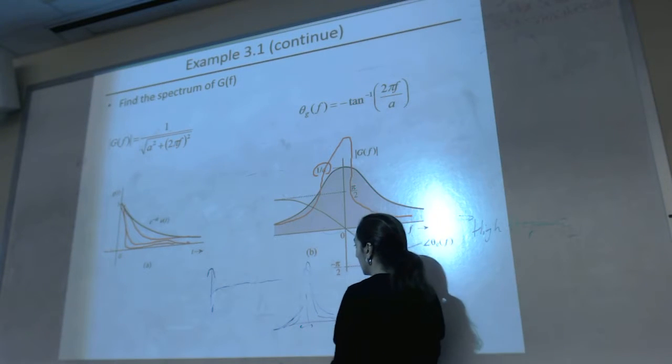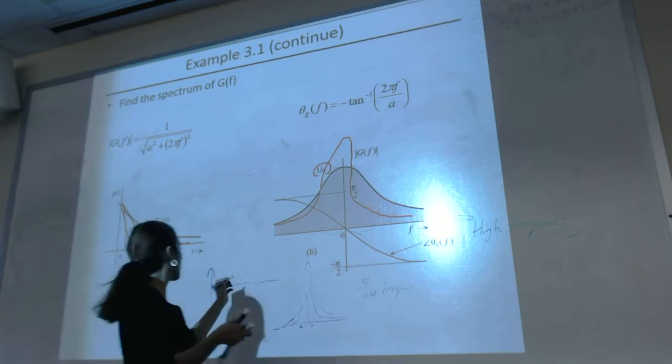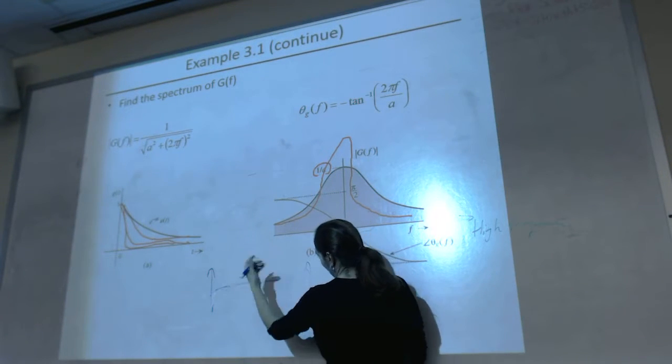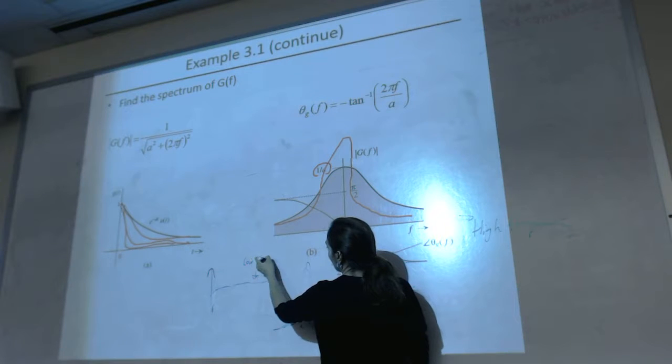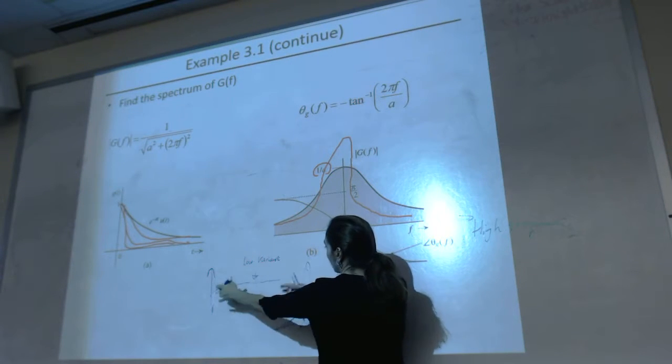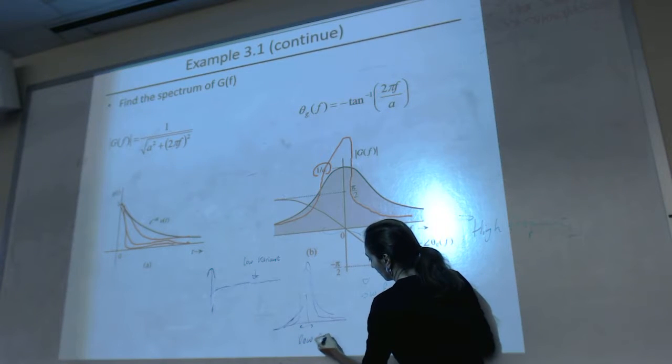Versus if I have a signal... So this is low frequency, or in the time domain, let's say, low variance. It doesn't vary too much in time. That translates to having a lot of low frequency components.